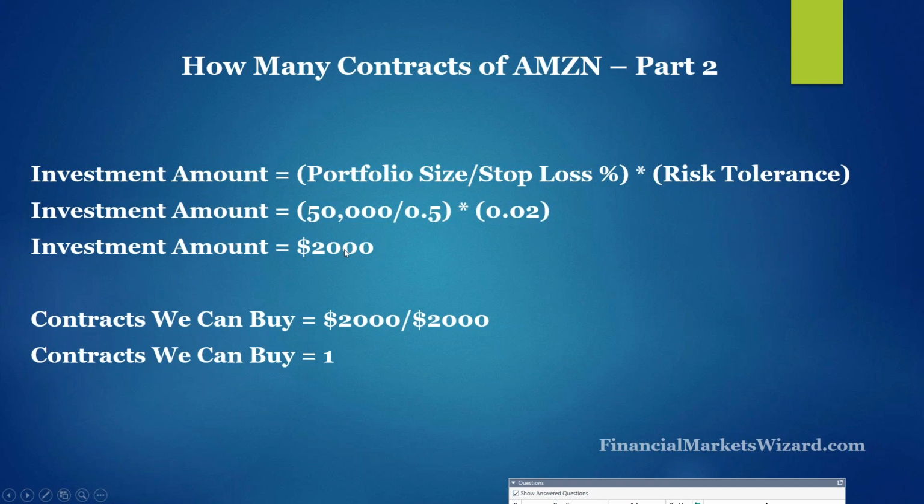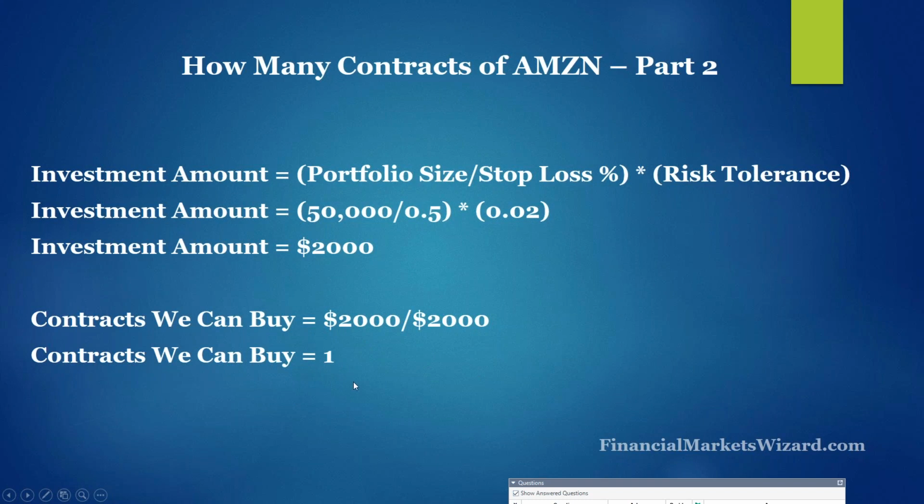And if the investment amount is $2,000 and the Amazon contract is trading at $2,000, you can only buy one contract. If the Amazon contract was trading at $1,000, you would have bought two contracts. If it was trading at $2,200, you wouldn't buy any contract because it's beyond your risk.